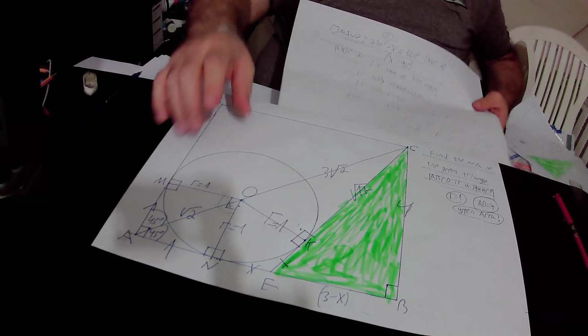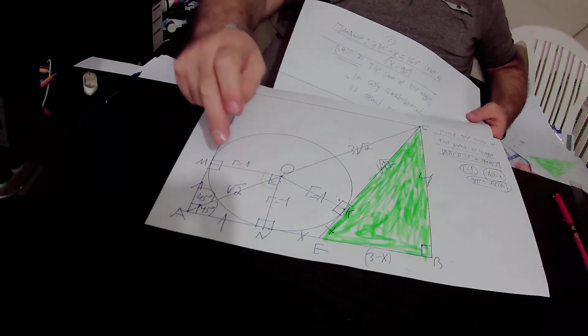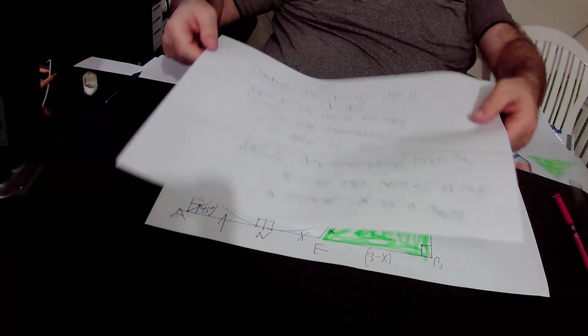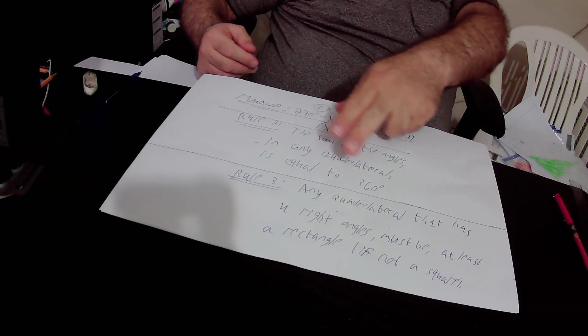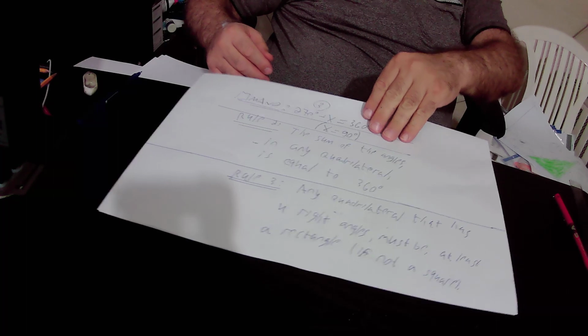And as you can see here, quadrilateral MOAN has four right angles, 1, 2, 3, 4. And we have rule number 3 that states that any quadrilateral that has four right angles must be at least a rectangle, if not a square.